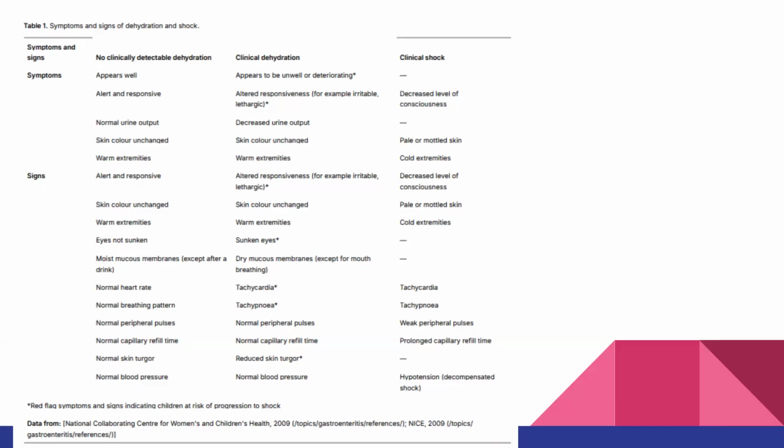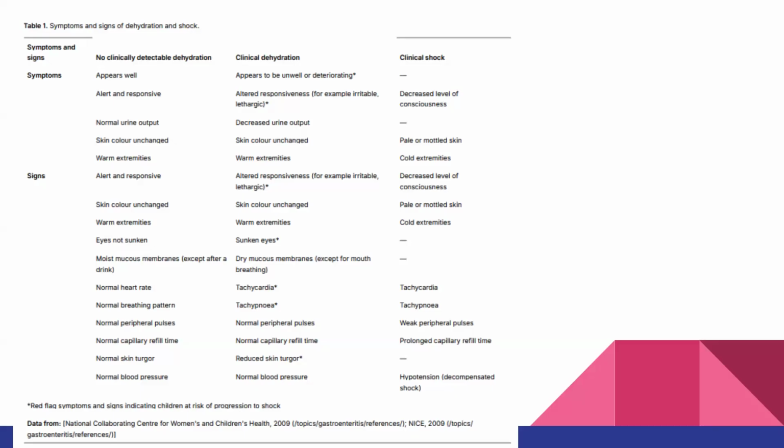So in this, red flags would be if they've got a change in their alertness, if they have sunken eyes, if they're tachycardic, if they've got a high resp rate, if their skin turgor is reduced, then you might want to be thinking this is a child that could potentially go into shock.